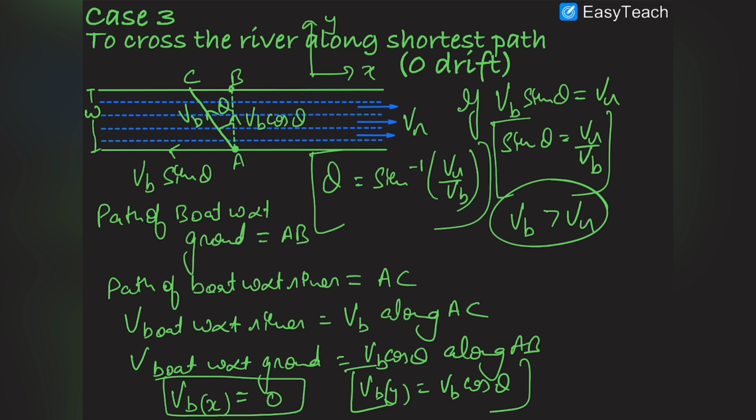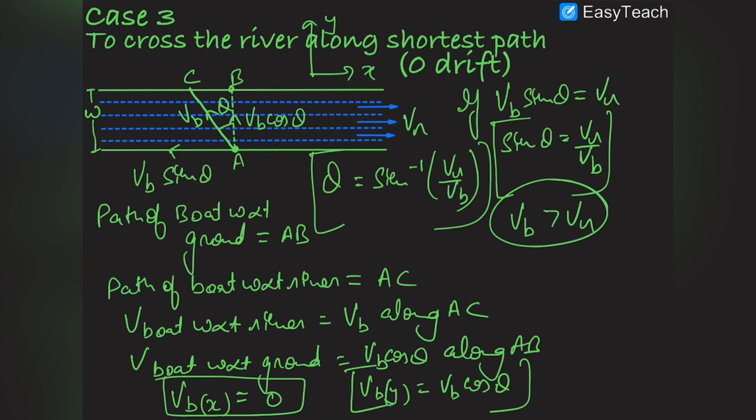So this zero drift is only possible when Vb is greater than Vr, or in other words, if a component of Vb is cancelling out Vr, then this component of Vb is equal to Vr. And if a component of a vector is equal to another vector, then that original vector would be greater than this vector, obviously. Okay, so this is the case. To cross the river in shortest path or zero drift, it is necessary that Vb should be greater than Vr.